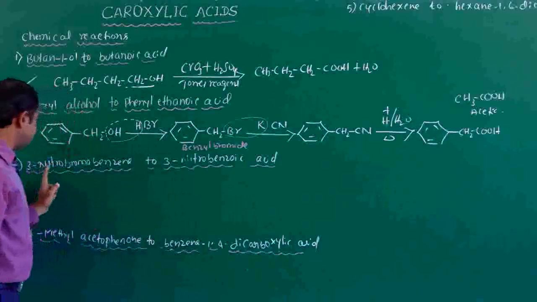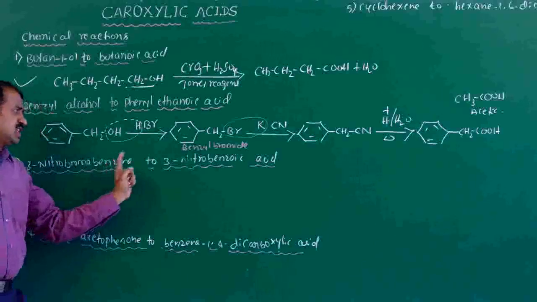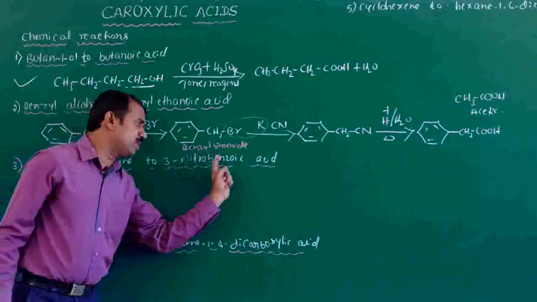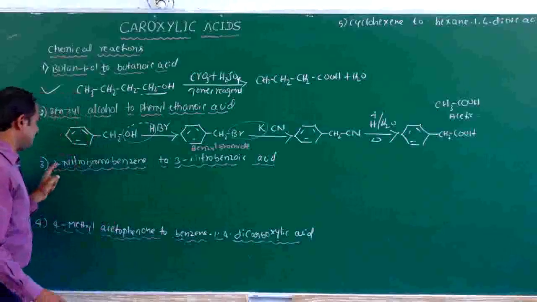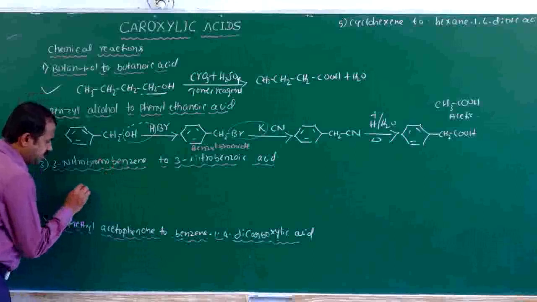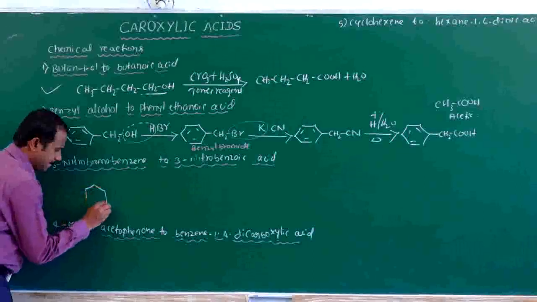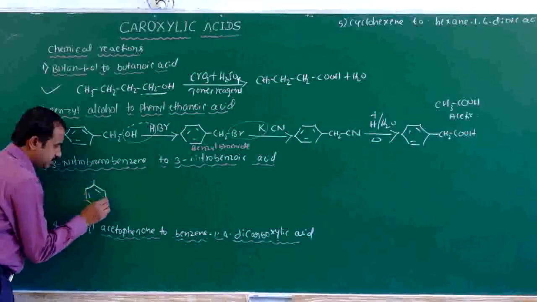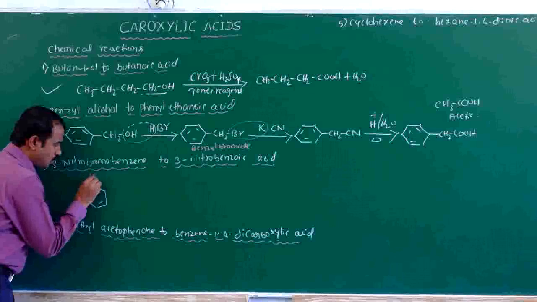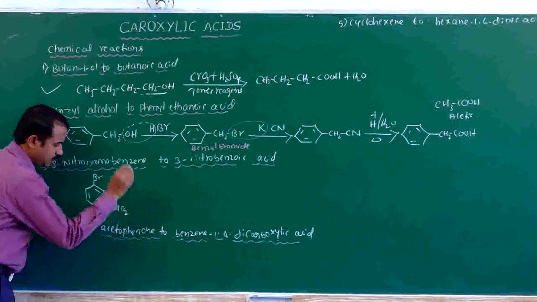Next one, meta-nitrobromobenzene is converted to 3-nitrobenzoic acid. Here, at the meta position, one bromo and a nitro group.